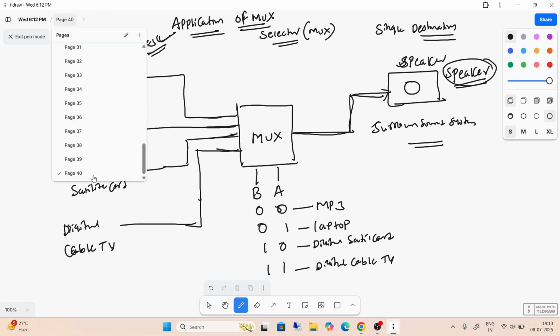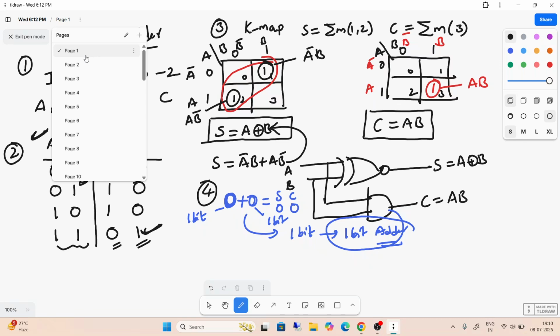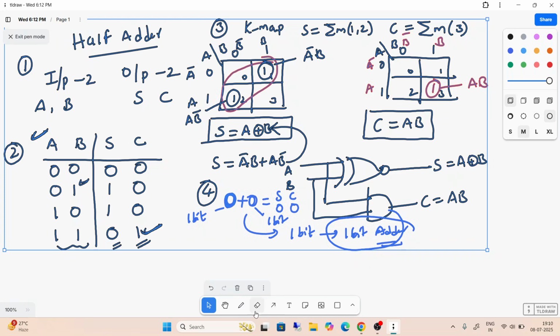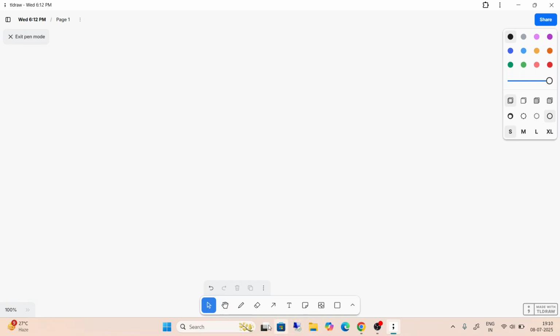Okay, one second. So next, if I want to implement higher order mux by lower order mux, how to implement?